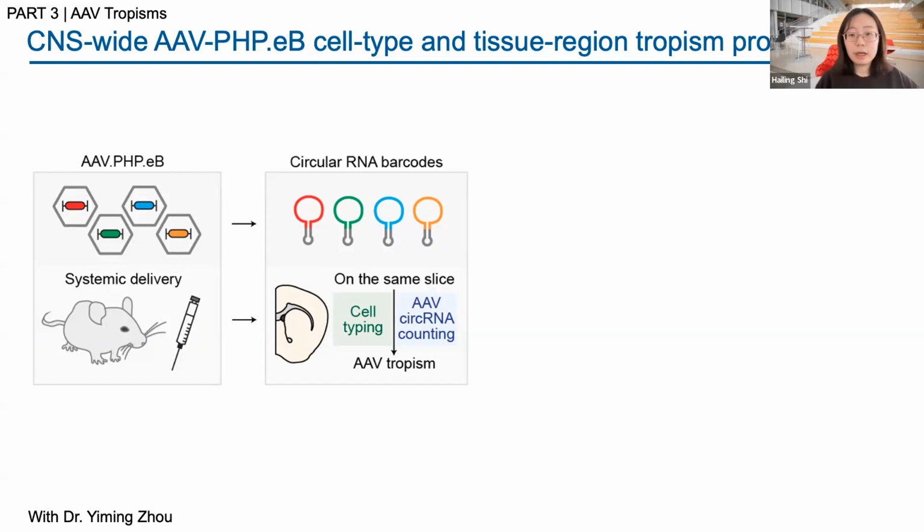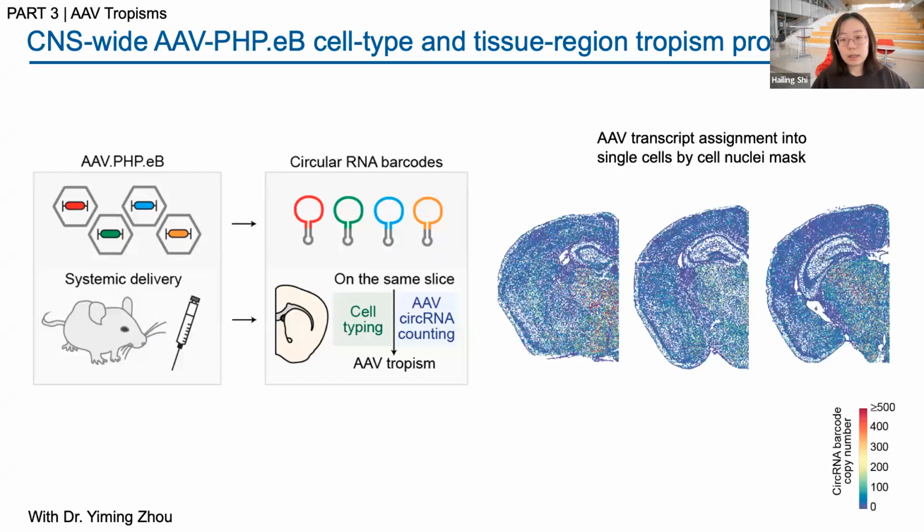We inject this virus into the mouse through retroorbital injection and allow the barcode to express. Then we use STARmap to measure the barcode sequence from the circular RNA together with the 1022 genes we mentioned during cell typing. By measuring these two kinds of information on the same slides, we can derive the tropism by cell type and tissue region.